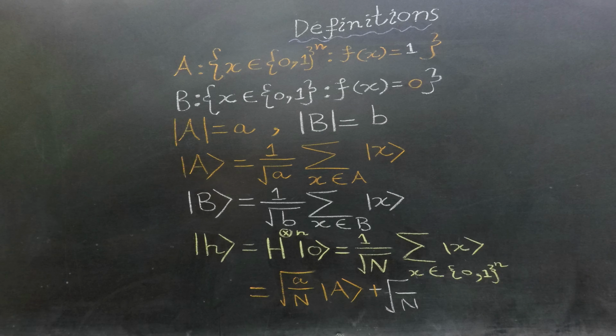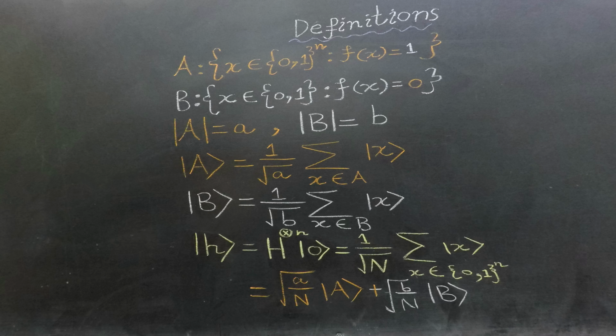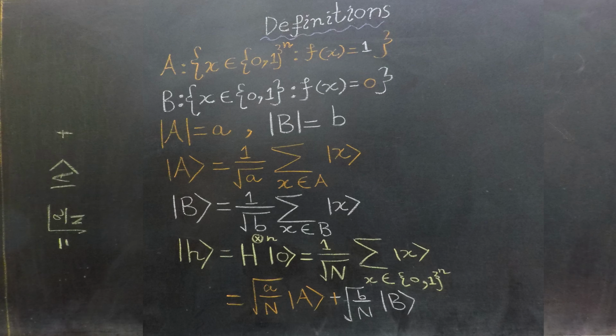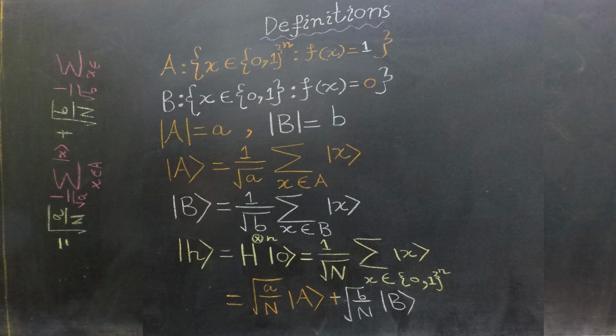We can rewrite ket H in terms of ket A and ket B. So ket H is equal to the square root of small a over capital N times ket A plus the square root of small b over capital N times ket B. You can easily see that these two definitions of ket H are exactly the same. I have provided my calculations in the margins for you, so in case of any doubt, you can refer to them.